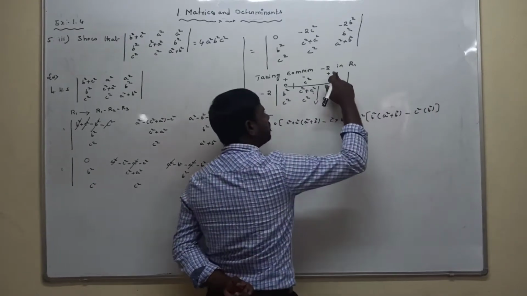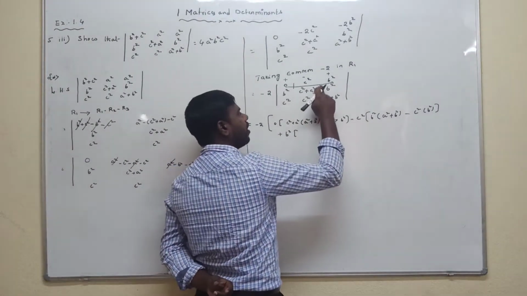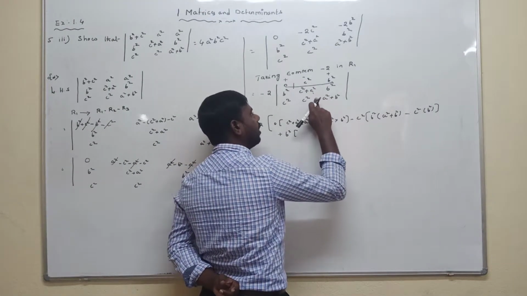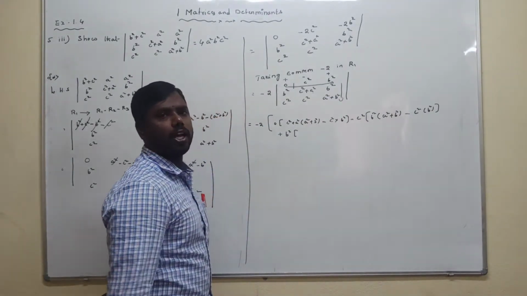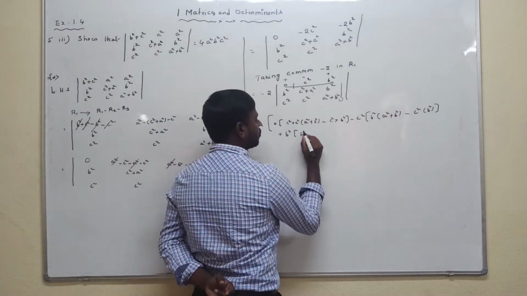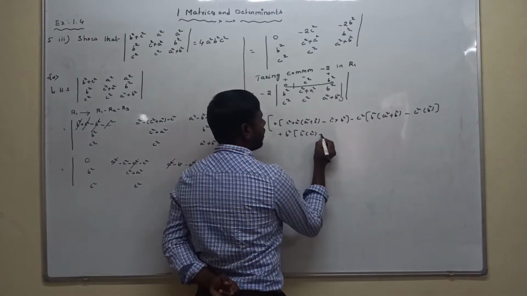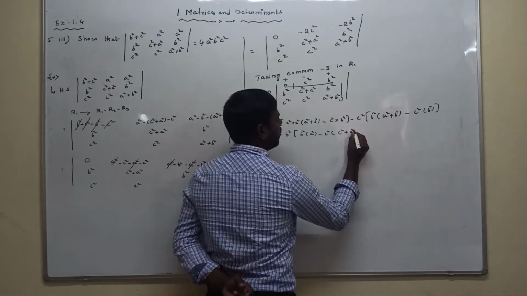Next, the third symbol is plus. The element is b square in the first row. The third column is eliminated, so cross multiply the remaining elements: b square into c square minus c square into c square plus a square.